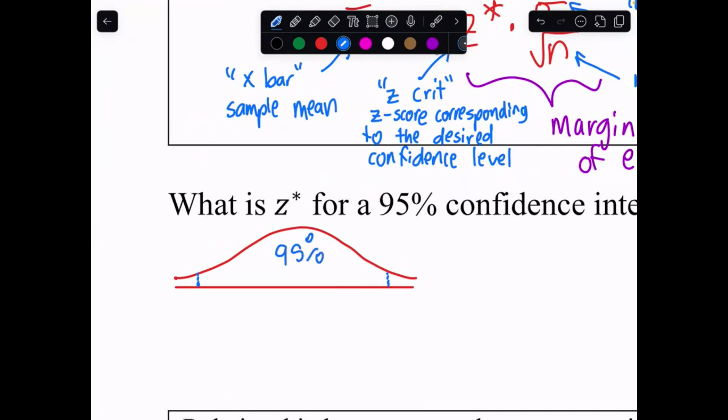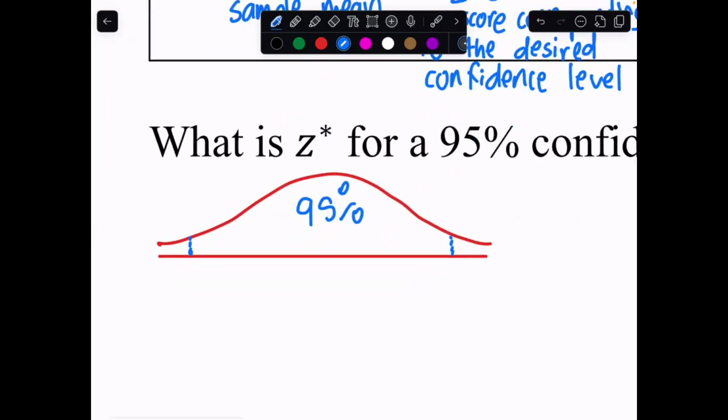All right, so our goal is to get the middle 95%. Now the problem is we know that our z-score table does not tell you in between. It only tells you all the way to the left. So let's figure out, what's the area all the way to the left?